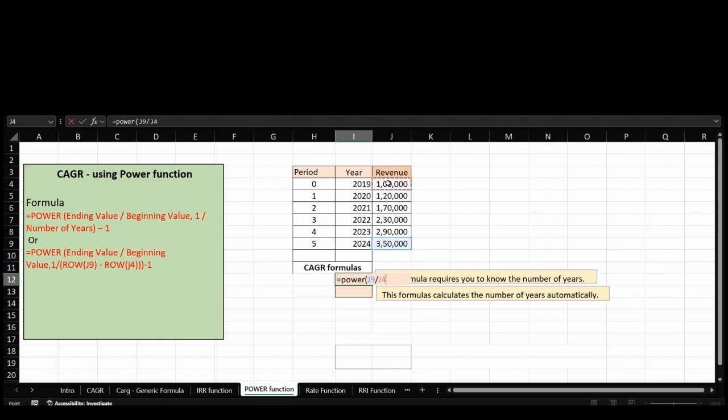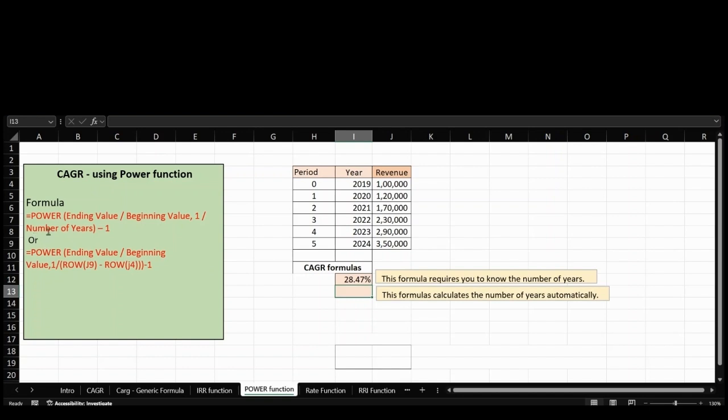Now we'll put a comma and we'll write 1 divided by number of years. Here number of years is 5. Now we'll close the bracket, minus 1. So 28.47% is the CAGR value which we obtained using this power function.